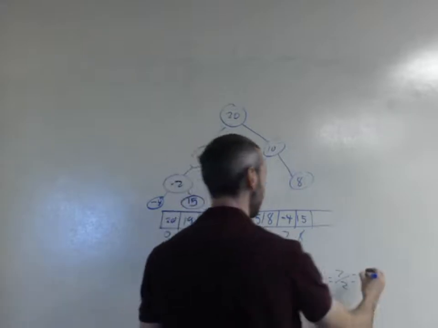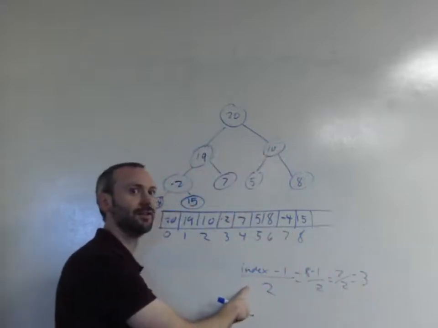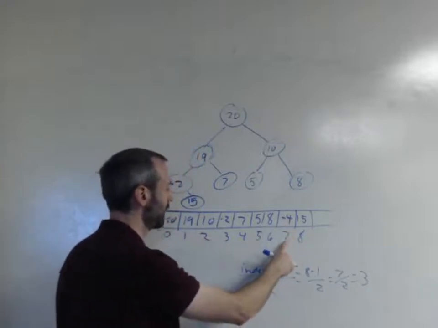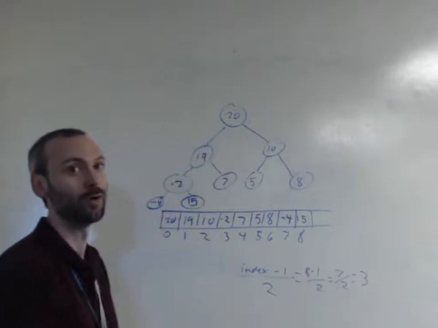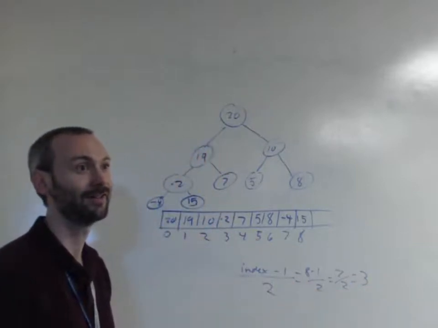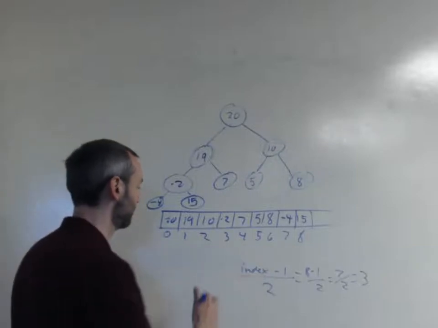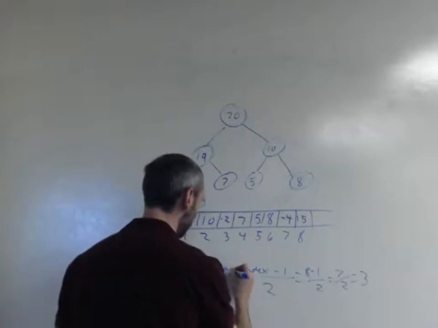And since we don't use remainders, it's a 3. Boom. Look, a formula. Because -4's parent is (7 - 1), which is 6 divided by 2, which is 3. Everyone got that? So you can use simple formulas to find out what your parent is.